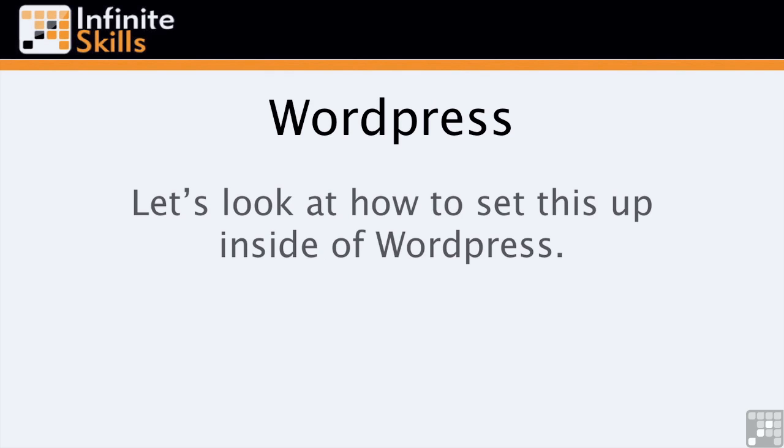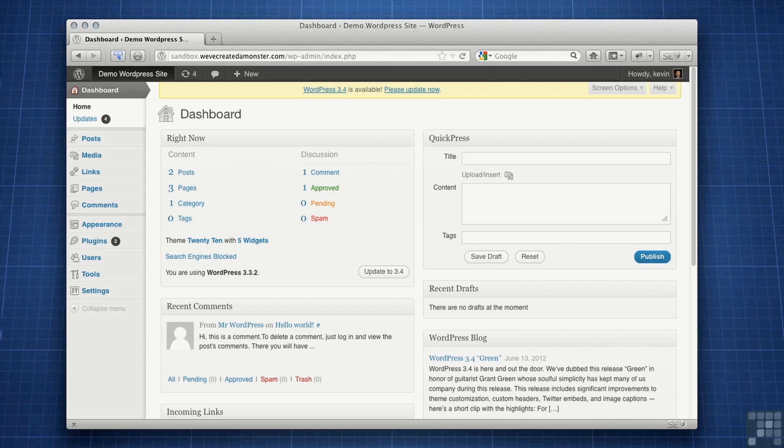Okay, so now let's take a look at how you can set up internal links like we talked about inside of WordPress. So here is the WordPress dashboard in our WordPress demo site that we've been using. The first thing that I'll want to do is set up the main navigation.